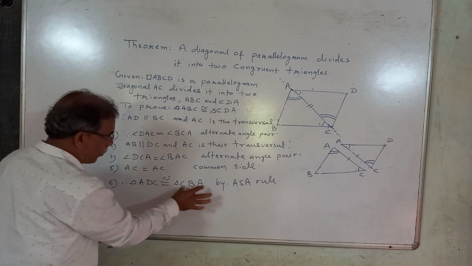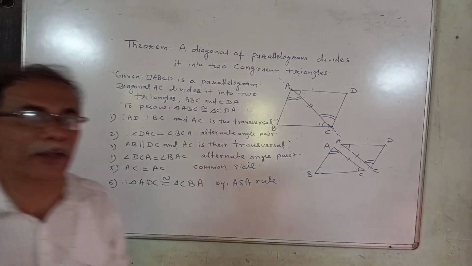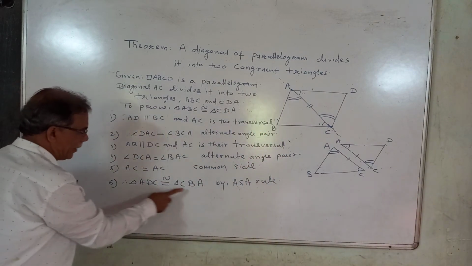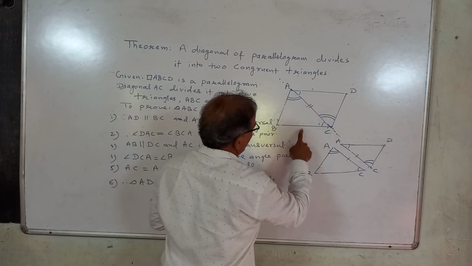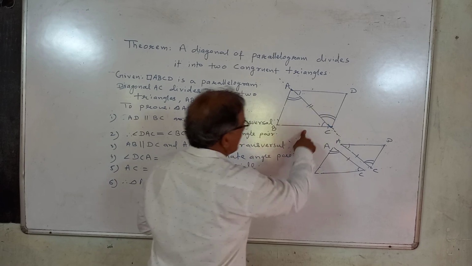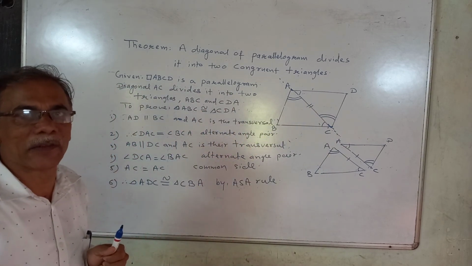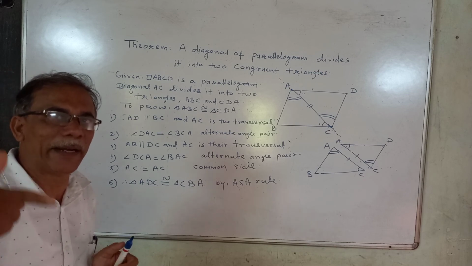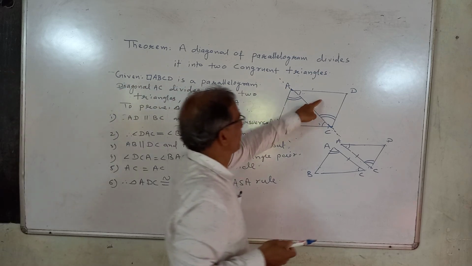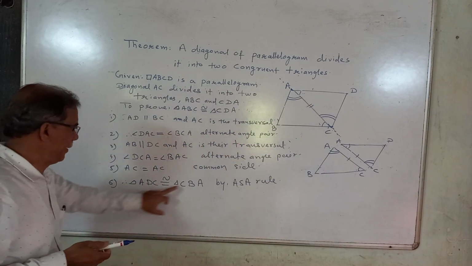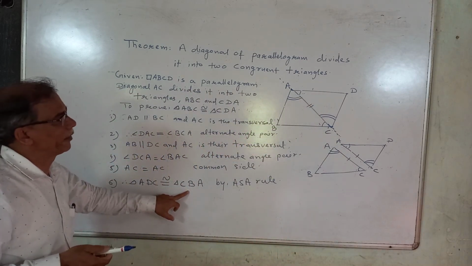That means if two triangles are congruent, we know that corresponding sides are also equal. So we can write AD equals CB. Opposite sides are equal. Suppose you are asked to prove opposite sides of a parallelogram are equal, you first show that two triangles are congruent, then AD is equal to BC, corresponding parts of congruent triangles.